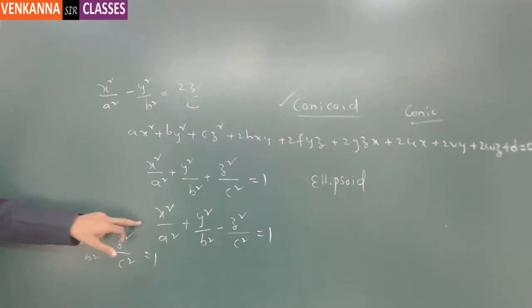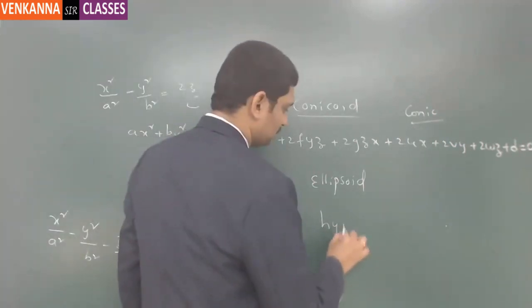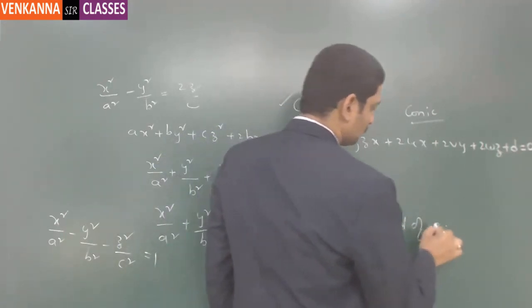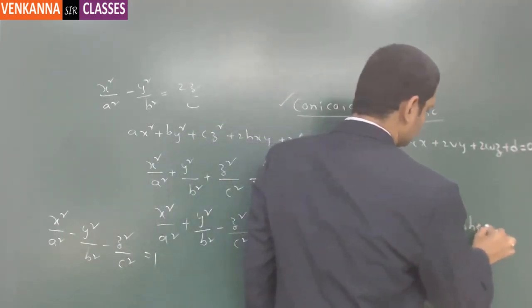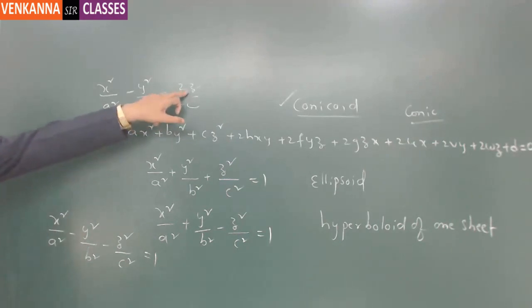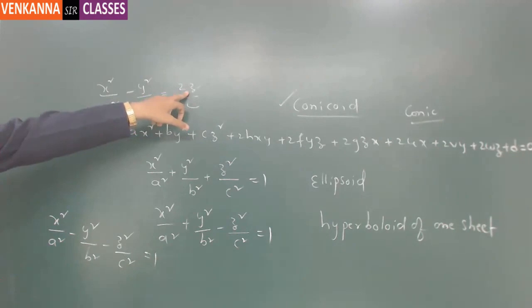If you consider this one, we call it hyperboloid of one sheet, because there is one negative sign here. Yes, the power of z is 1 here.